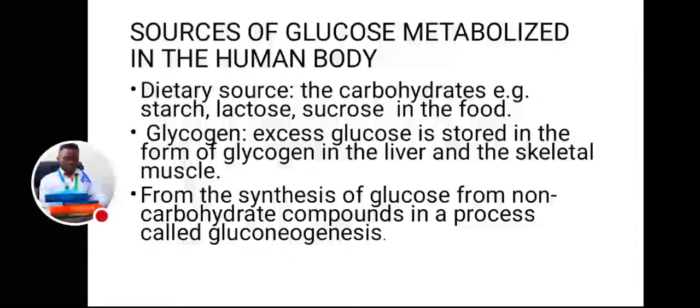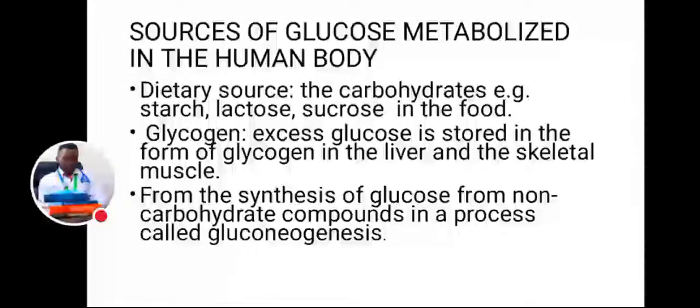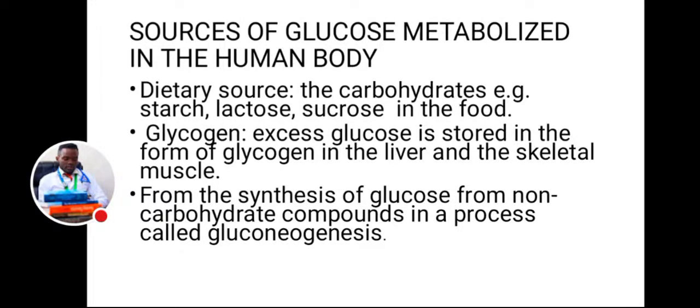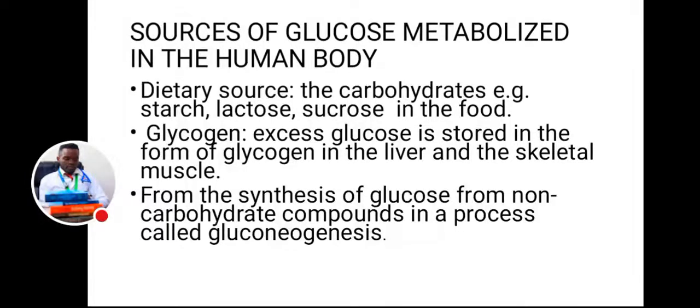Sources of glucose metabolized in the human body. We have the dietary source, which includes carbohydrates such as starch, lactose and sucrose, the ones that are found in food. Then glycogen, which is just the excess glucose stored in the liver, with a storage capacity of 90% in the liver and 10% in the skeletal muscles.